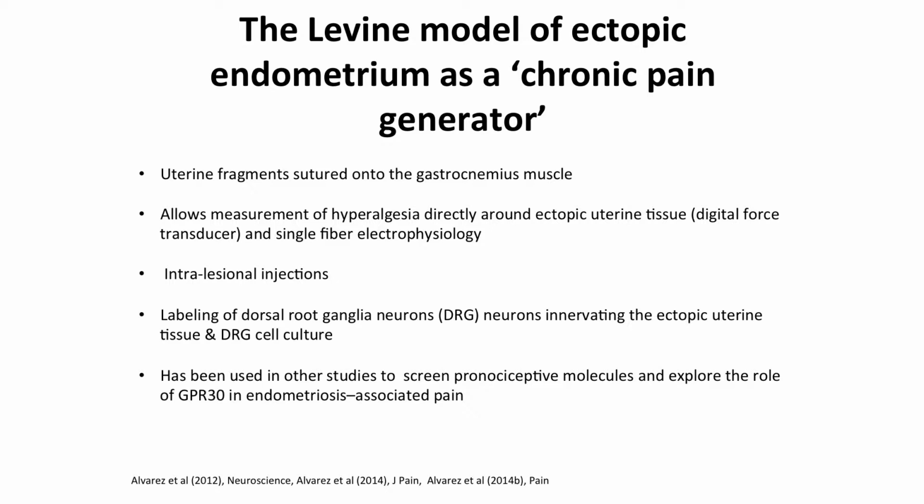It also allows intralesional injections and labelling of the dorsal root ganglion neurons that innervate the ectopic uterine tissue, and easy extraction of the DRGs for cell culture. This model has also been used in other studies to screen pro-nociceptive molecules and explore the role of GPR30 in endometriosis-associated pain.